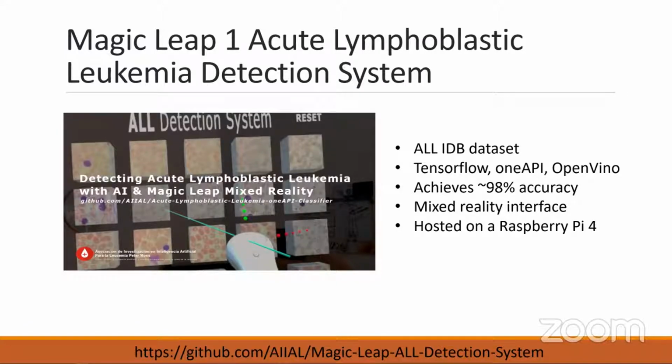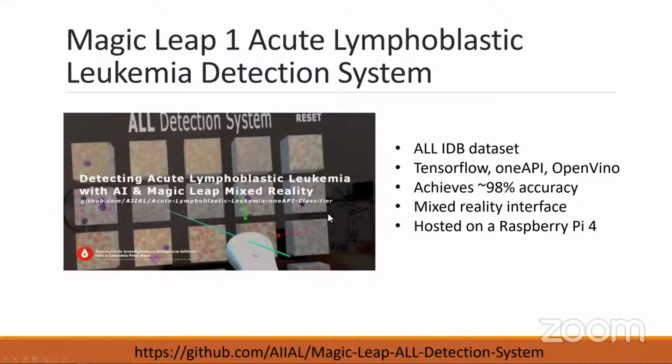So this project combines mixed reality with artificial intelligence to provide real-time detection systems capable of detecting acute lymphoblastic positive and negative samples. In this slide, you can see in this image how the user sees through the goggles the images, the blood samples in colored stain, the nucleus, and the interesting lymphocytes.